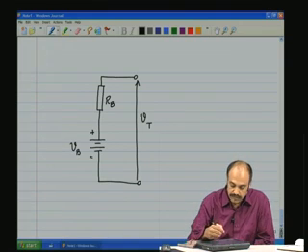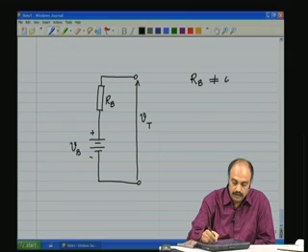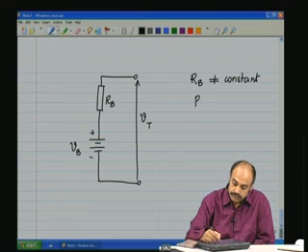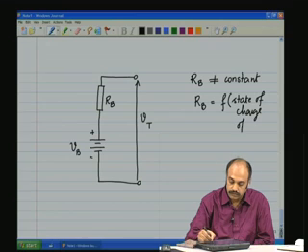So you will have some value, and further in the case of the batteries, RB is not constant. RB is a function of the state of charge of the battery.